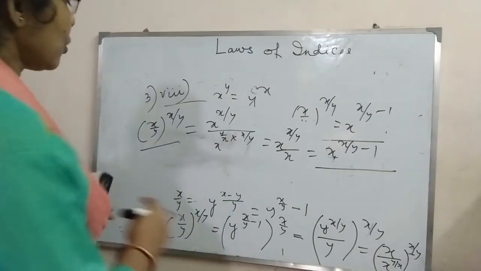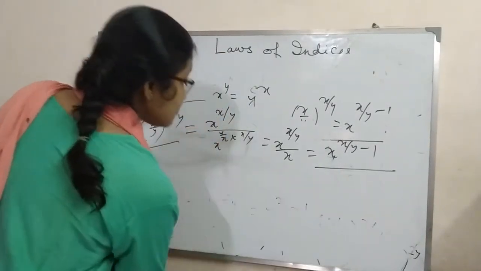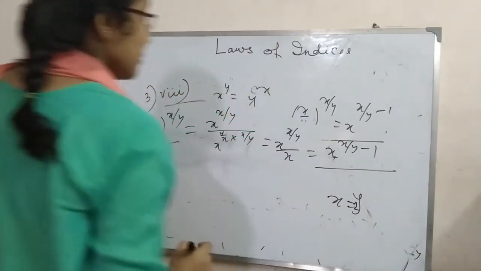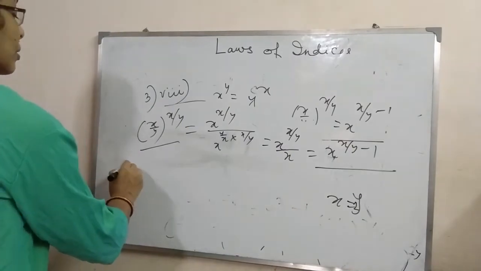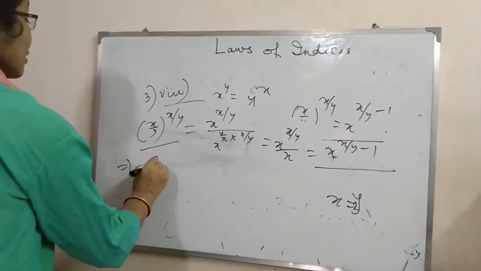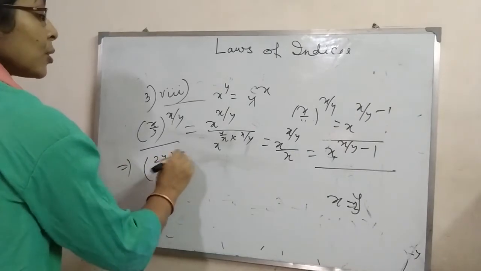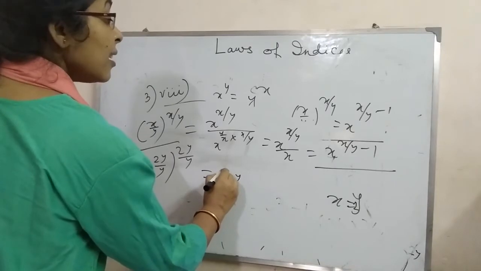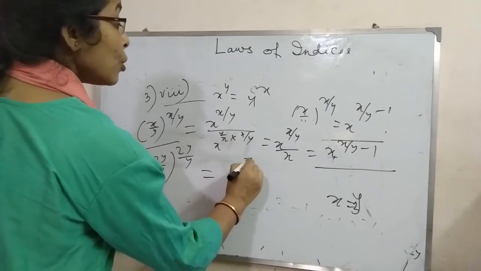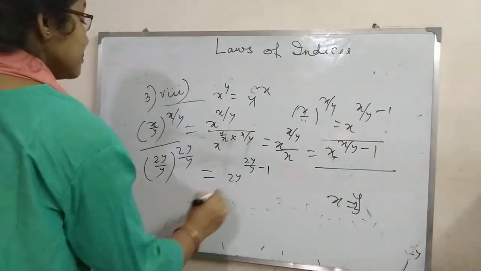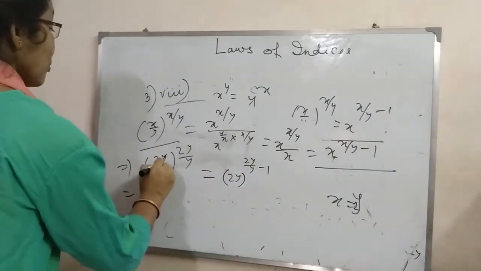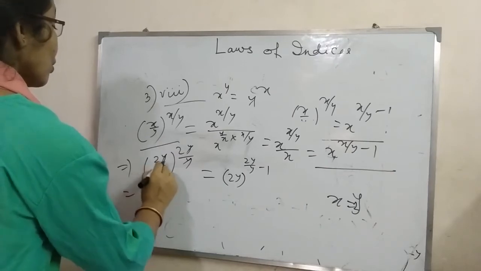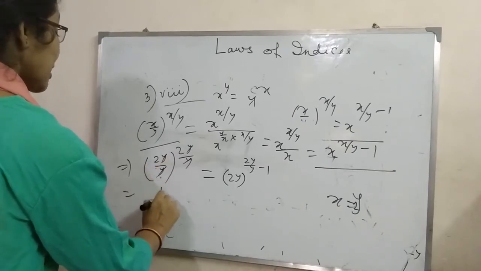Put x equal to 2y: (2y)^(2y/y) equal to (2y)^(2y/y) minus 1, that is 2 to the power 2, that is 4.